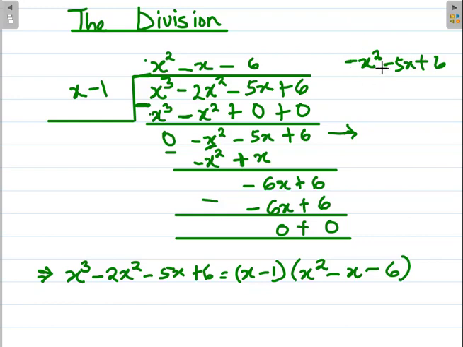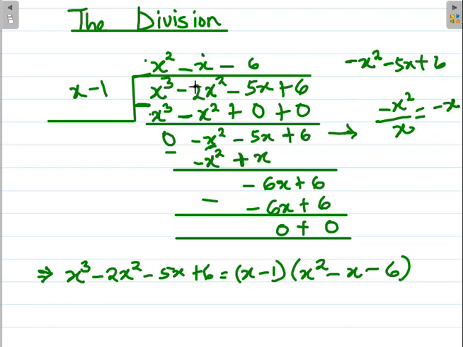Now, the next step is to continue with this long division. So carry minus x squared, the highest power, and divide by x, which is the divisor. Minus x squared divided by x is minus x.